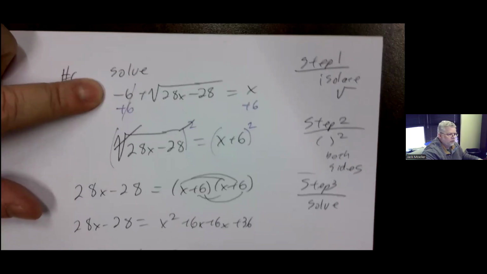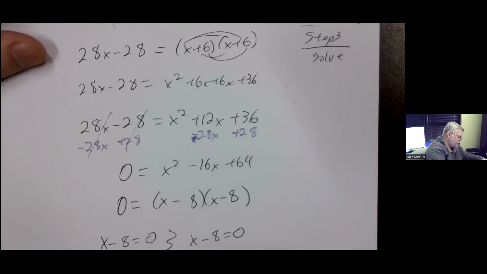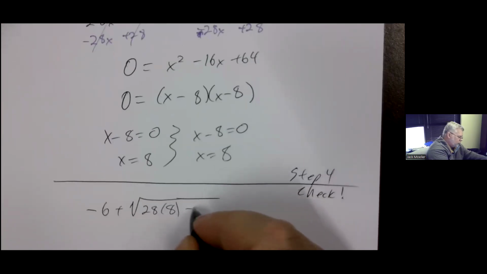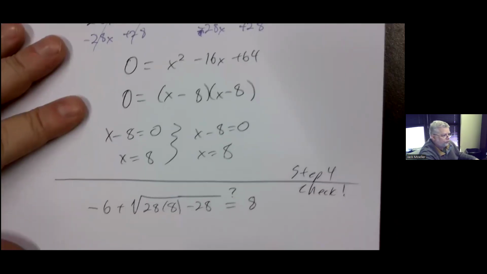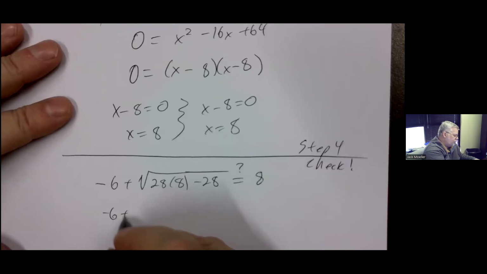So always go back to the original problem. So we're doing 8 minus 28 times the square root of 8 plus 6 squared... is that equal to x, which is 8? And now we've got some arithmetic to do.